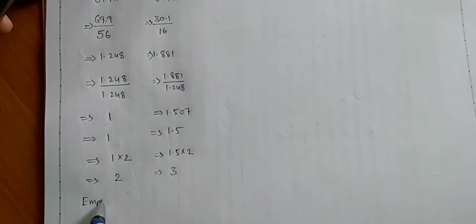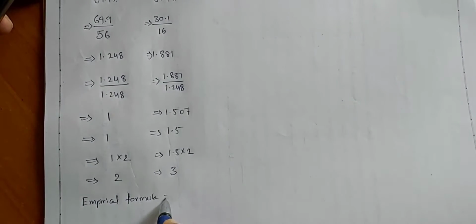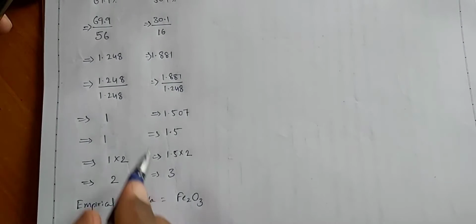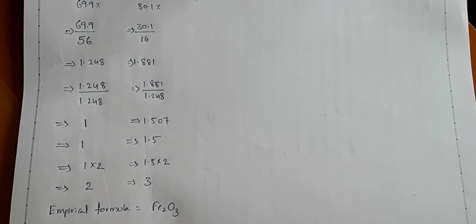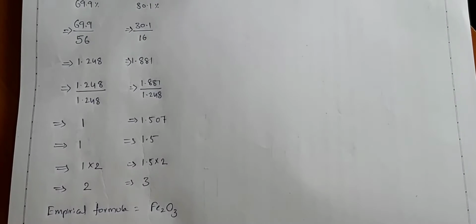So, empirical formula is equal to Fe2O3. 2 iron, 3 oxygen. I hope you are clear.